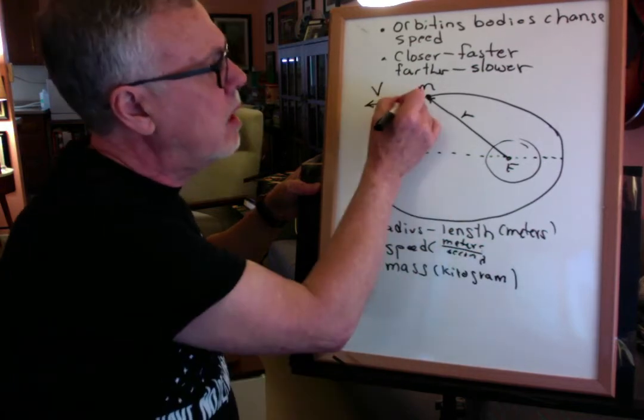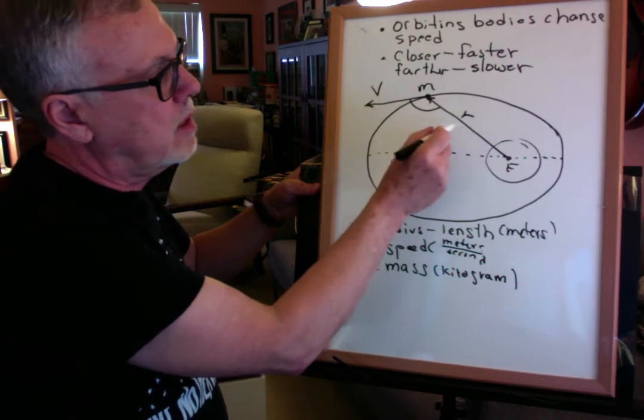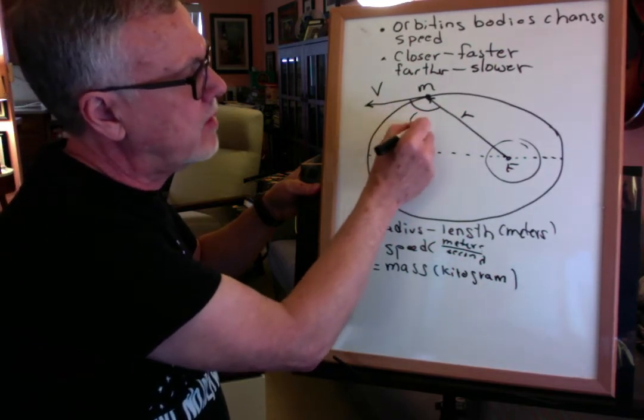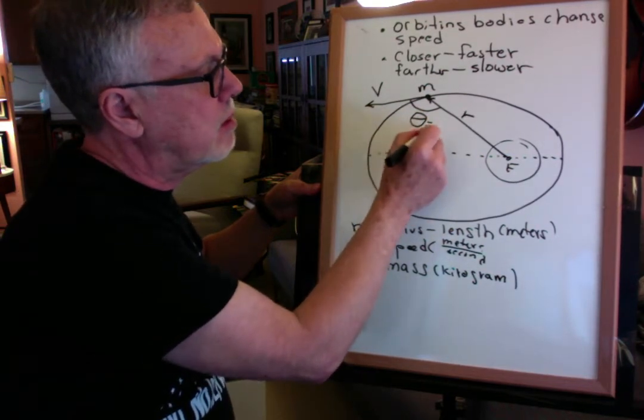And there's one other quantity there. That is the angle between the distance r and the speed v. And we'll call that the Greek letter theta. So that's the Greek letter theta.